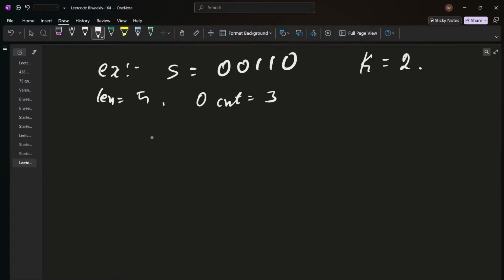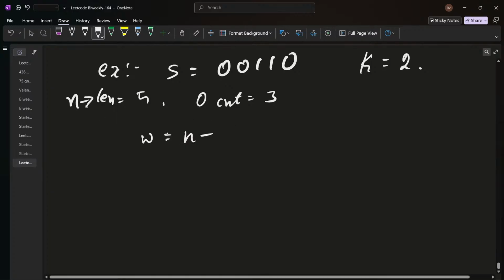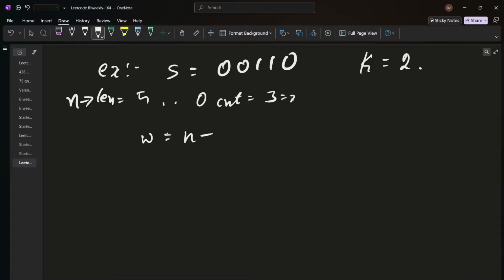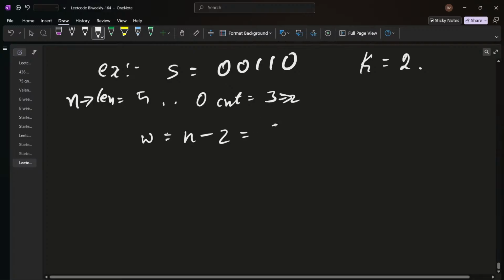Now I'll take the number of ones, which is n minus z, equal to 5 minus 3 equal to 2. So we need to flip 3 zeros, right?